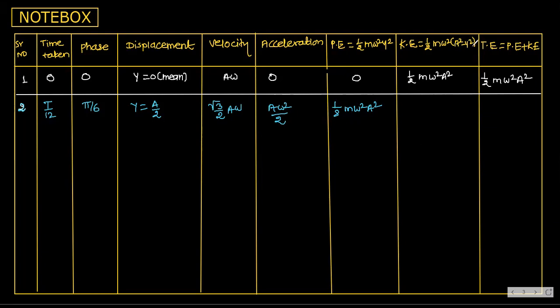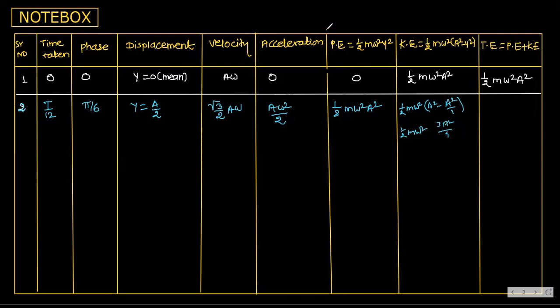So half m omega square times a square minus a square by 4, which is half m omega square times 3a square by 4. So 3 by 8 m omega square a square.